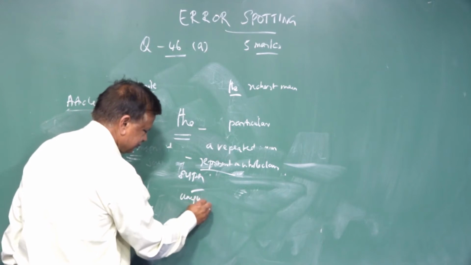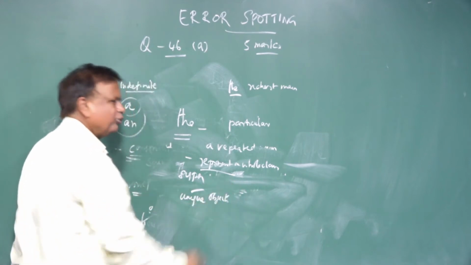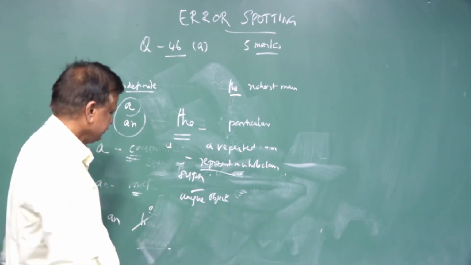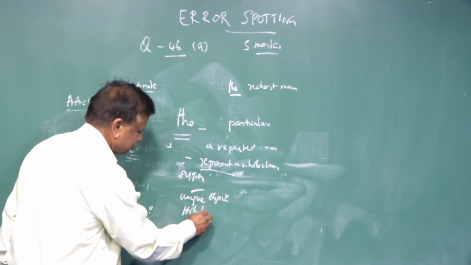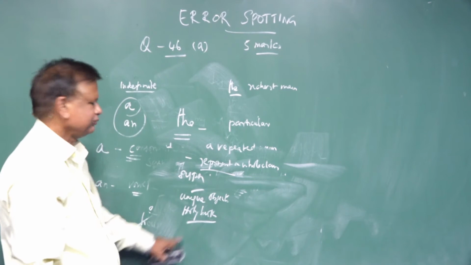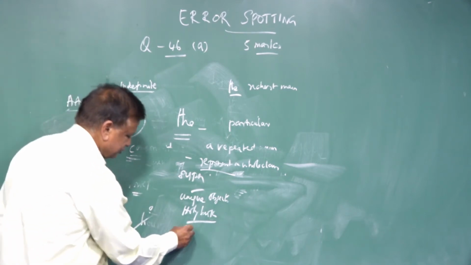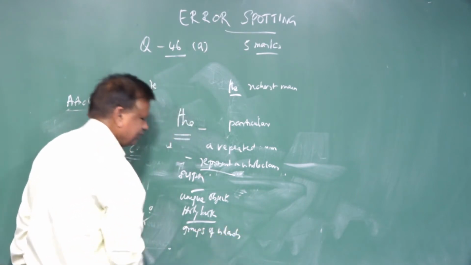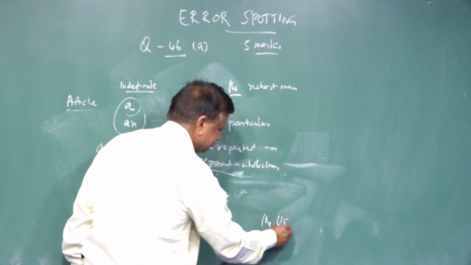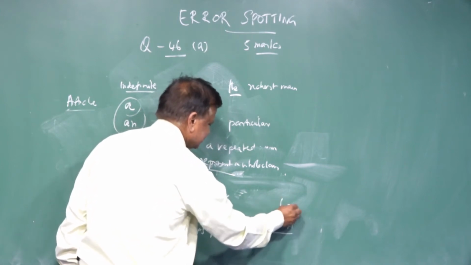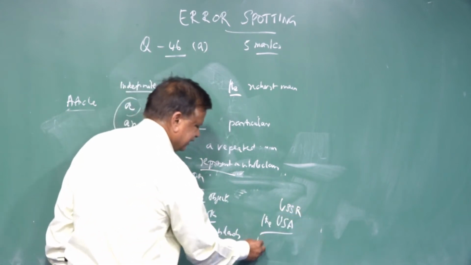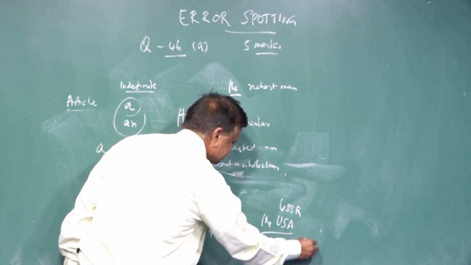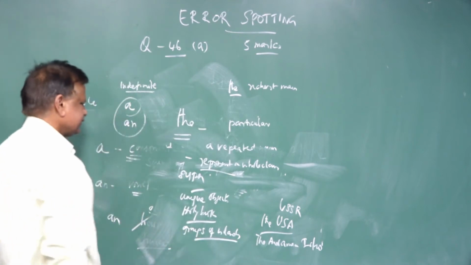Similarly, I use the before unique objects: the earth, the moon, something which is unique. Similarly, I use it before holy books, and before groups of islands or states: the USA, the USSR, the Andaman Islands, groups of islands.